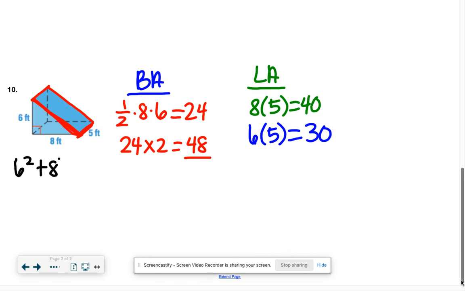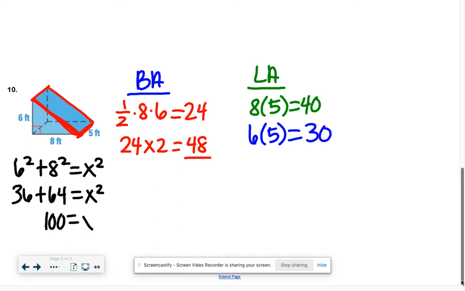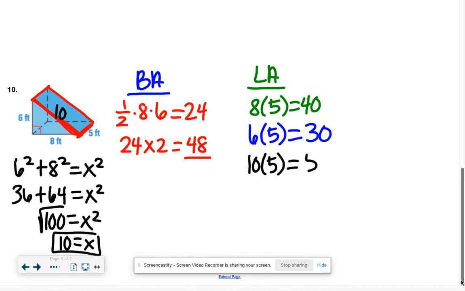Duh. 6 times 6 is 36. 8 times 8 is 64. 64 plus 36 is 100. Square root of 100 is 10. So we just found this length to be 10. So now we know it's 10 by 5 for 50.